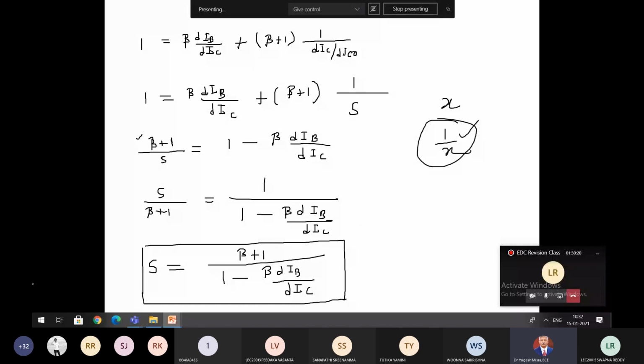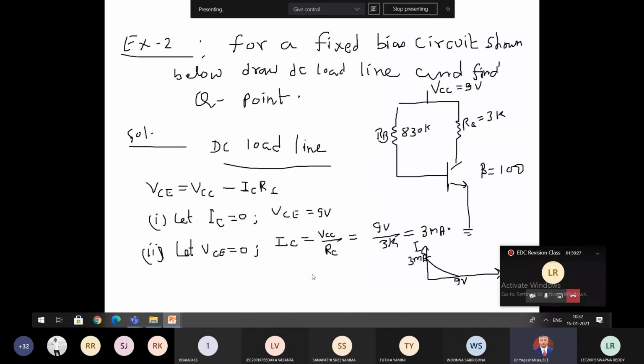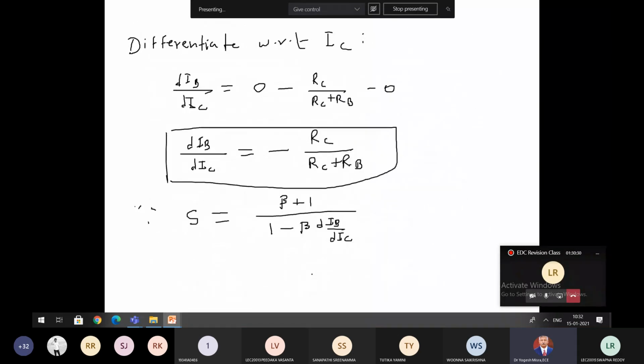So in this expression I will put the value of dIB by dIC. So S is equal to beta plus 1 divided by 1 plus beta RC by RC plus RB.